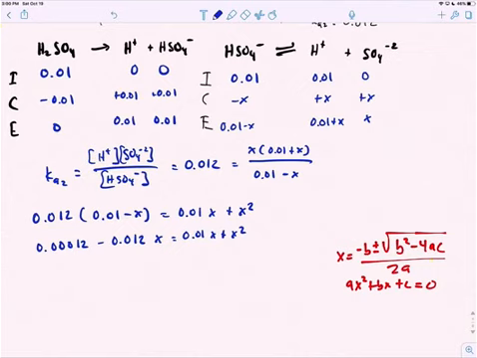So then you have to add that to both sides. So you have 0 equals, actually, let's go ahead and write it out.